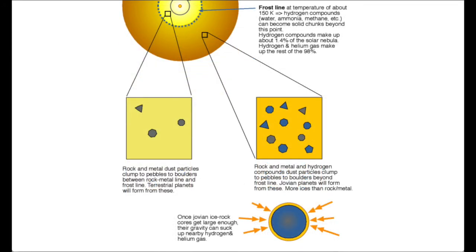Because there were more ices than rock and metal, these Jovian cores could get large enough to suck up the nearby hydrogen and helium gas and get much larger very quickly to make the huge Jovian planets. This runaway accretion process happens for cores larger than about 7 to 10 Earth masses.